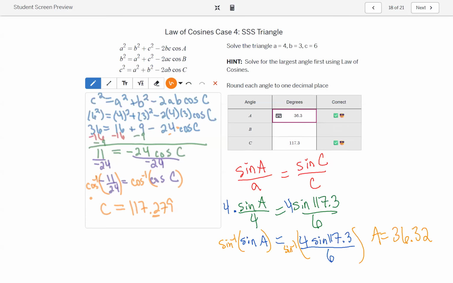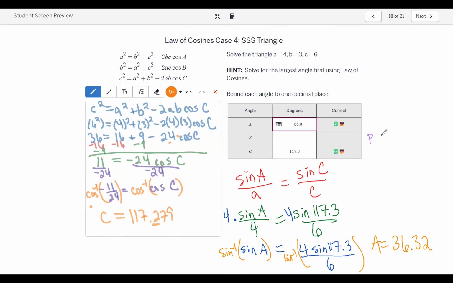And then last angle, of course, we just subtract from 180. So 180 minus 117.3 minus 36.3, 26.4.